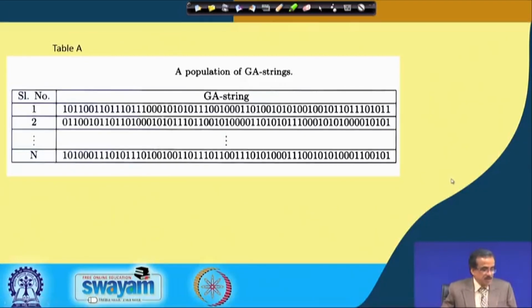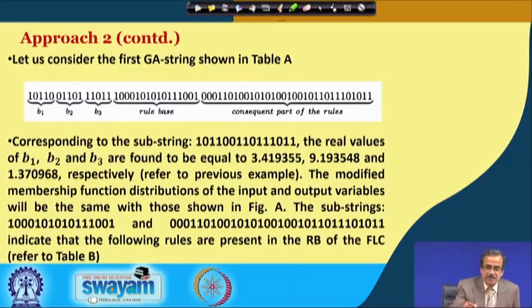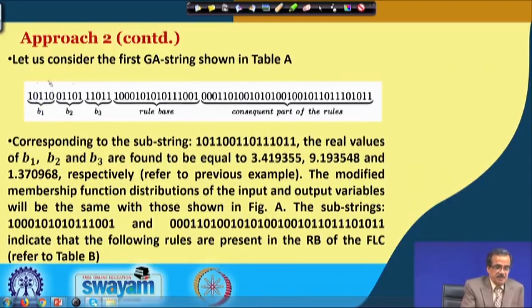Now, if I concentrate on a particular GA string, for example the first GA string here, let us see how to determine the output corresponding to it. The first 5 bits represent B1, that is 1, 2, 3, 4, 5. The next 5 bits represent B2, and B3 is represented by the next 5 bits.